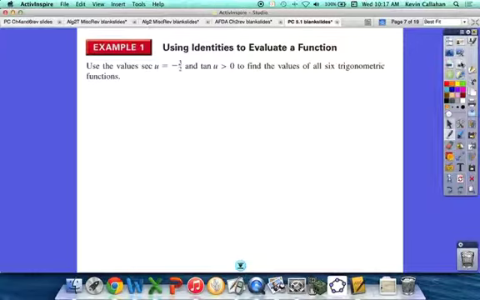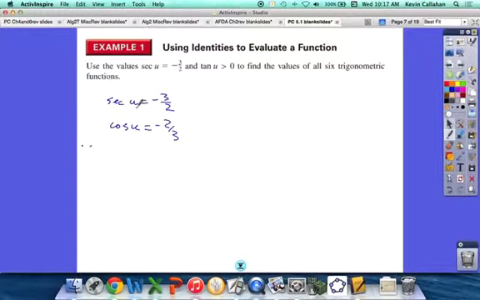If the secant is -3/2, then what is the cosine? -2/3, right? That's the easy one.